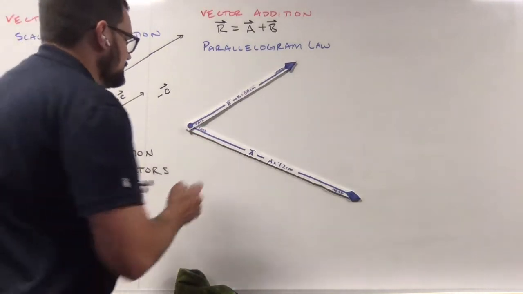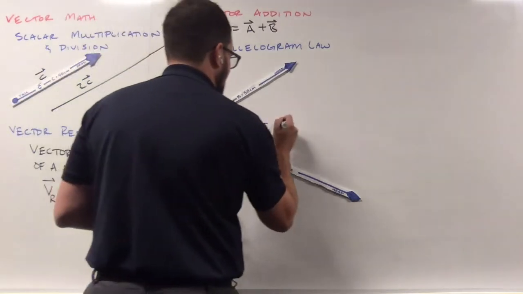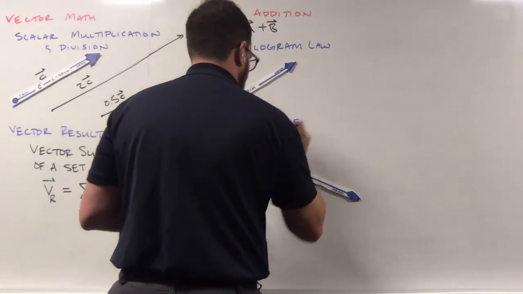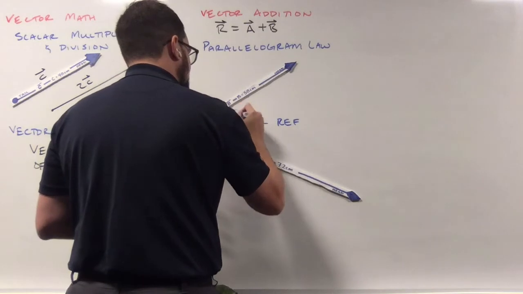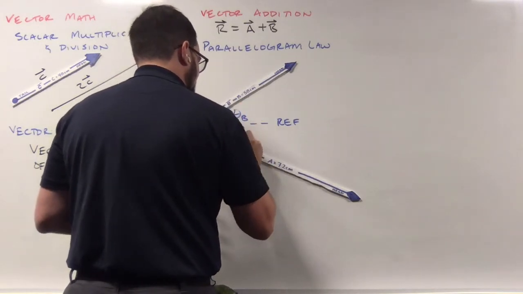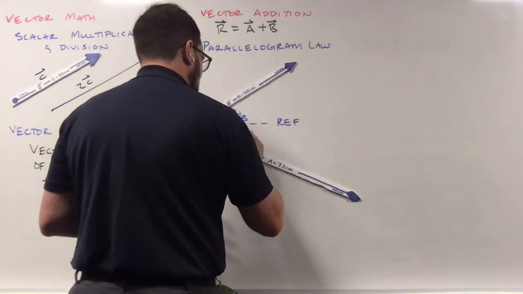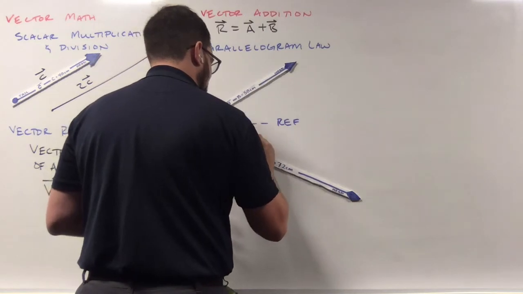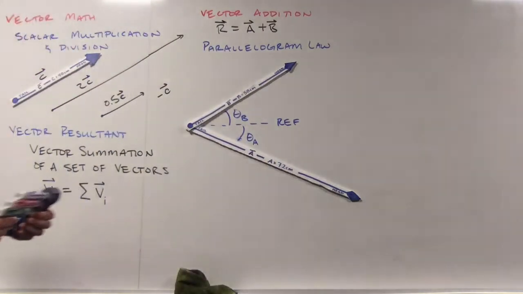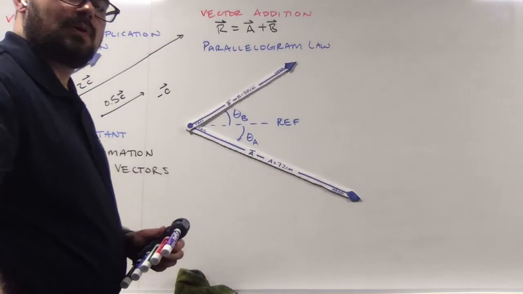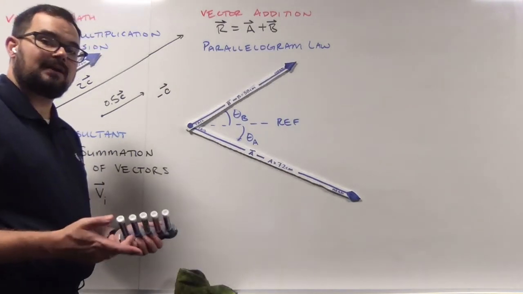And in fact, we might introduce some sort of reference line here. And then we'd have an angle here, theta B, and an angle here, theta A, to indicate their direction. And from these 2 points, we're now going to draw a parallelogram.